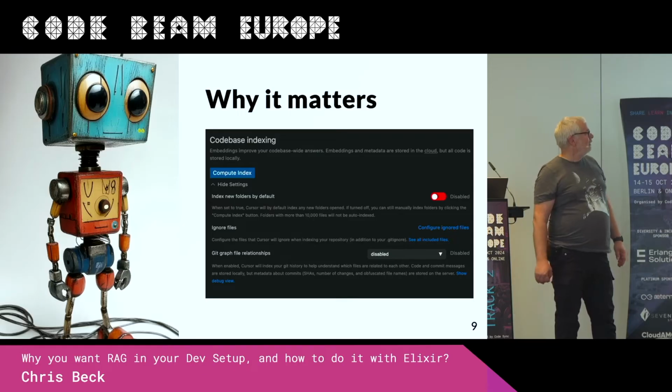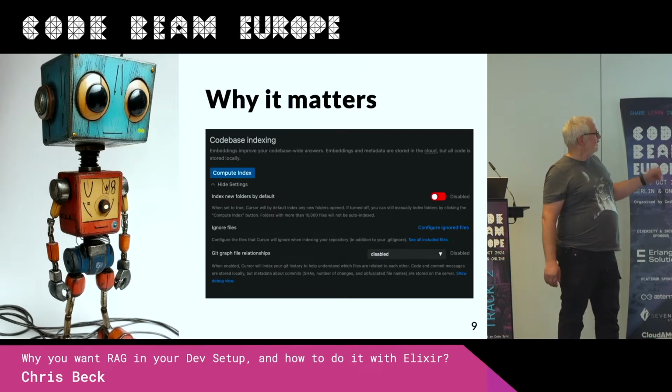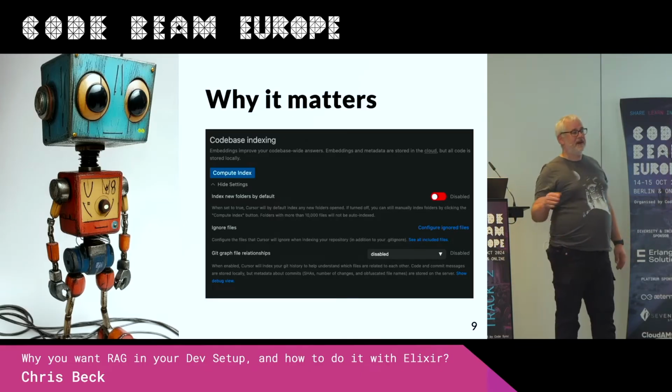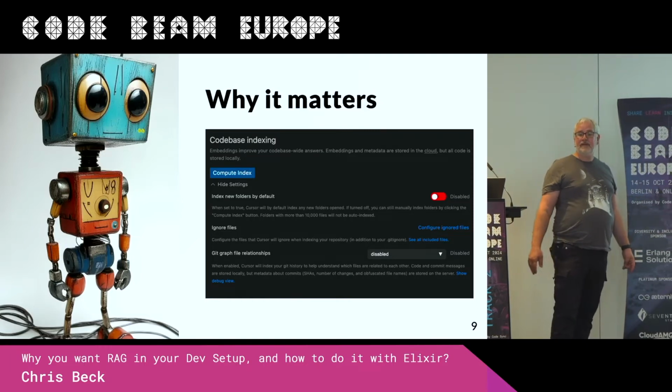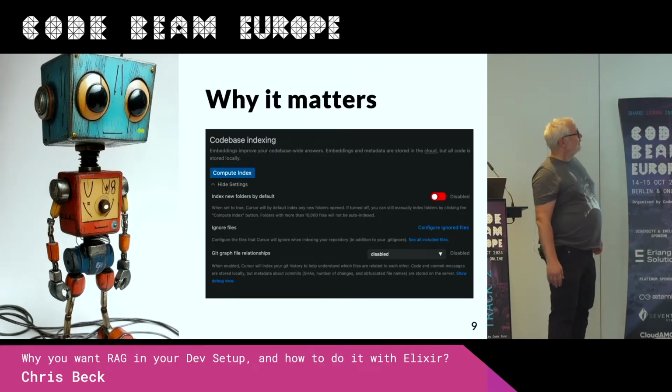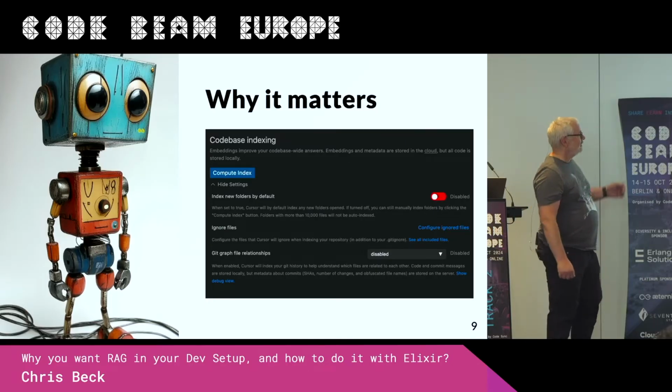In fact, one of the secret recipes of Cursor is that in the background, in its default setting, it's doing RAG on all your files. It's quietly uploading the embeddings up to their cloud, and it's also analyzing your Git history to find out how things match together. And that is actually one feature that Copilot is missing, because Copilot often only looks at the current context that you're editing.